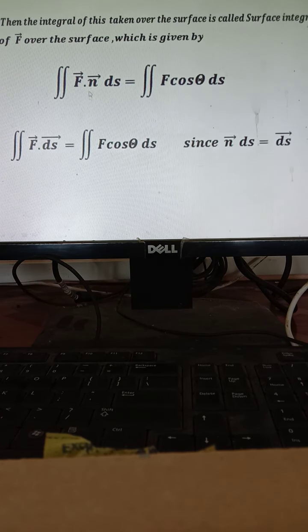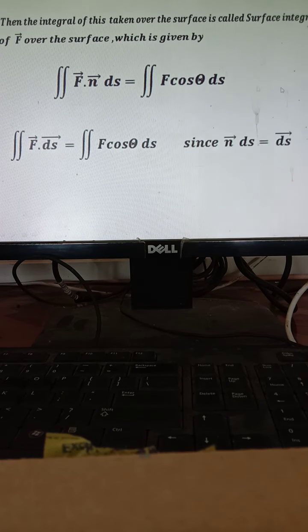And we know that this can be represented as the double integral of F cos theta ds. The dot product of the F vector with the normal always represents the component: F cos theta is the component, and ds is the surface element.